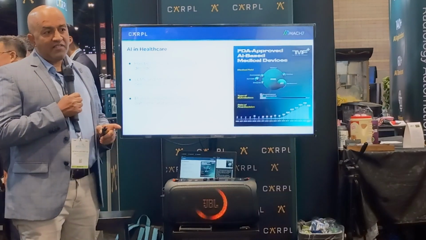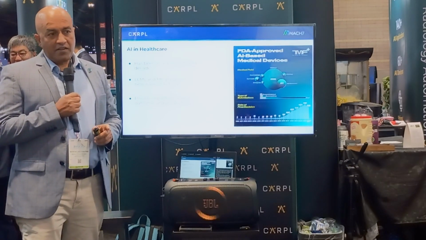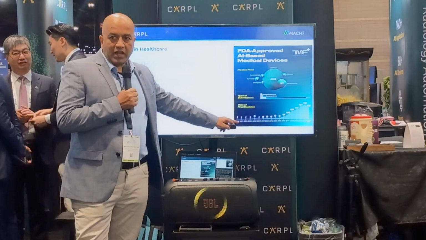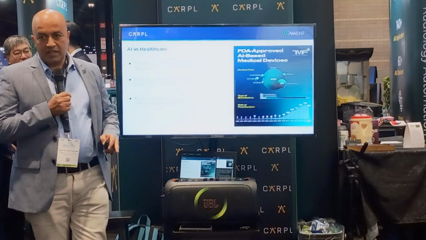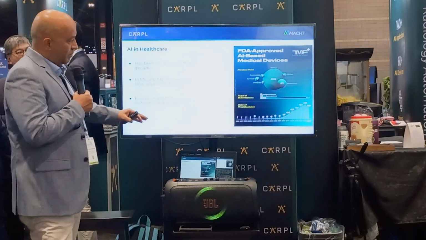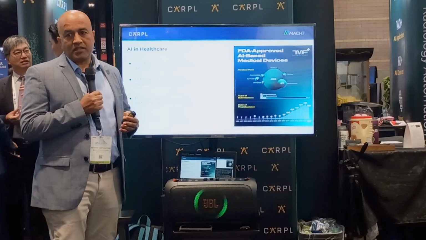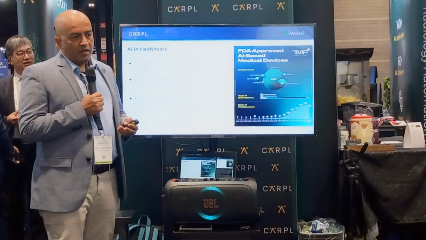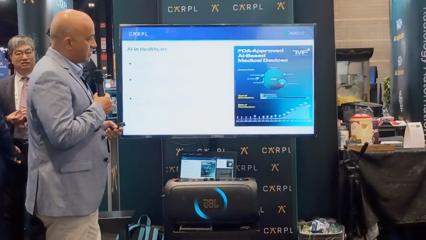Having said that, artificial intelligence has been there for a couple of decades. In fact, I think the first AI application came in 1995. And then there have been a lot of AI applications. I have personally also experienced computer-aided detection. They were all the preliminary AI applications.